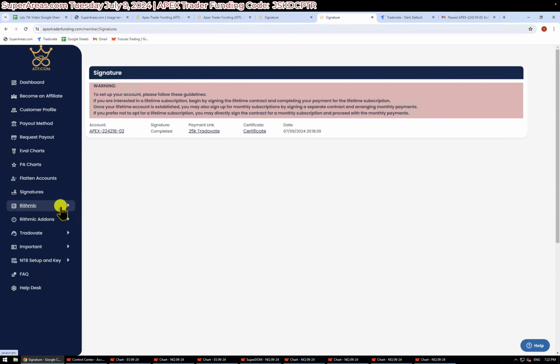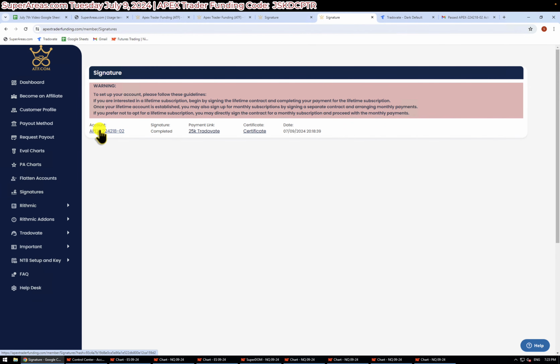Be very careful when selecting the right payment link, because if you have a payment for Rhythmic and you accidentally pay for Tradovate, you're just creating more trouble for yourself. The ticket system will go back and forth, and you will cause trouble for yourself and the Apex team as well. So don't do the wrong payment type, right?